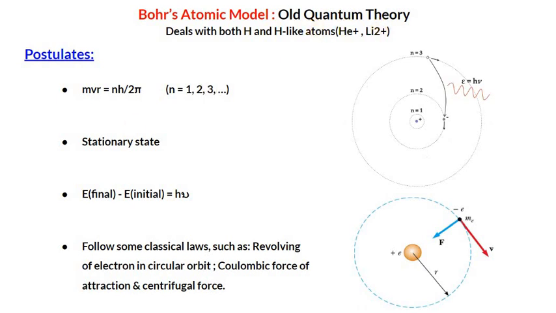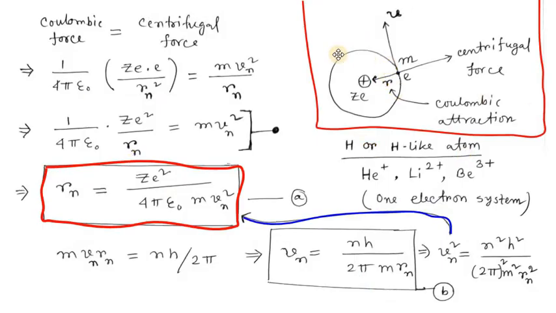So let's see the different calculations regarding the same. Let's have a look at this picture. This is the nucleus and this is the orbit. Here there is an electron whose charge is e. The mass of the electron is m. The velocity of the electron in this orbit is v. The distance of this orbit from the nucleus is r, and the charge of the nucleus is Ze.